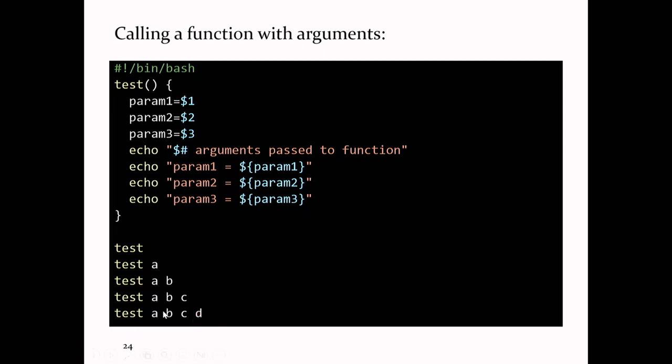It gets the A, the B, the C. It also gets the D, but it never uses it. Again, not an error in bash. So you just recycle the positional parameters as your function parameters.